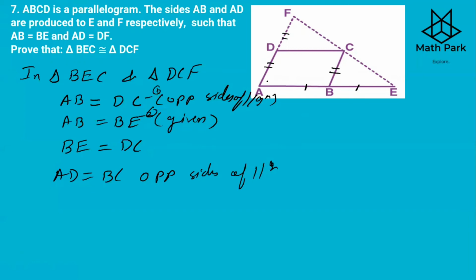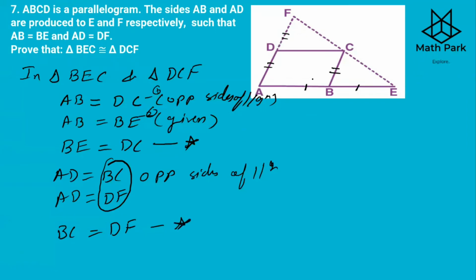But we also have AD is equal to DF. So from these two, what do we understand? We get BC is equal to DF. Okay, now we got two things. We got this part and we got this part. We need one more thing for proving the triangles congruent.